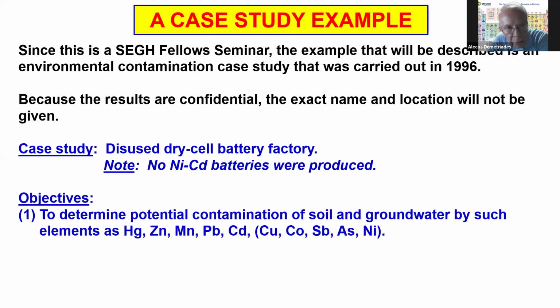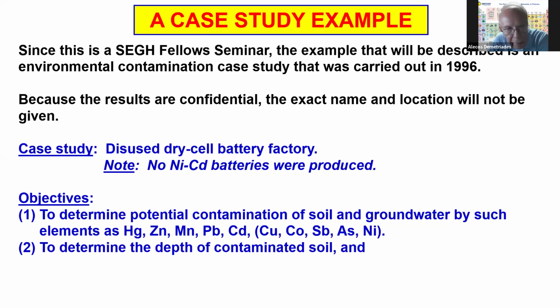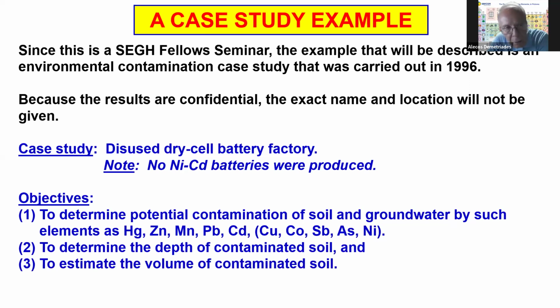Now, the objectives: to determine potential contamination of soil and groundwater by such elements as mercury, zinc, manganese, lead, cadmium, also copper, cobalt, antimony, arsenic, and nickel; to determine the depth of contaminated soil, and also to estimate the volume of contaminated soil. And the mapping scale was 1 to 5,000. It's a very detailed scale. 1 centimeter is 50 meters on the map.